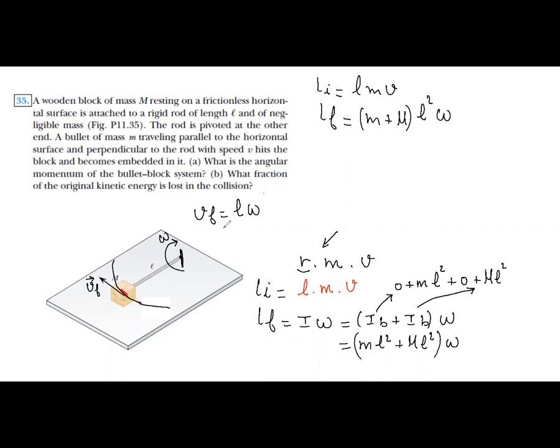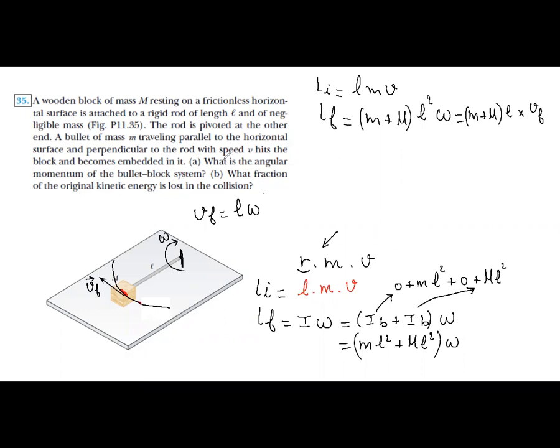So omega equals v final divided by L. So we can write m plus m times L squared times v final divided by L. Here we can eliminate L and the square, and we get finally like this.